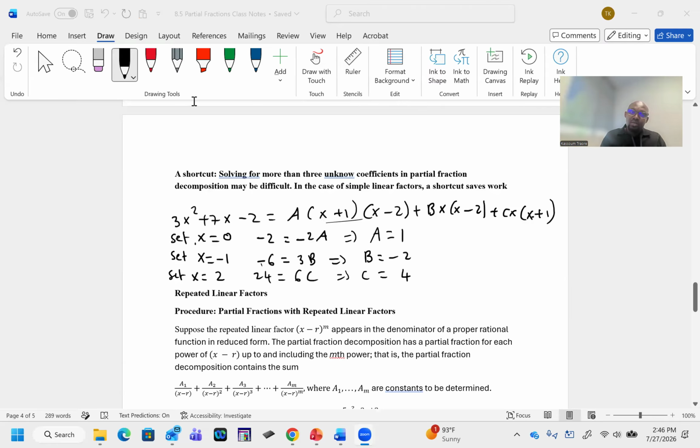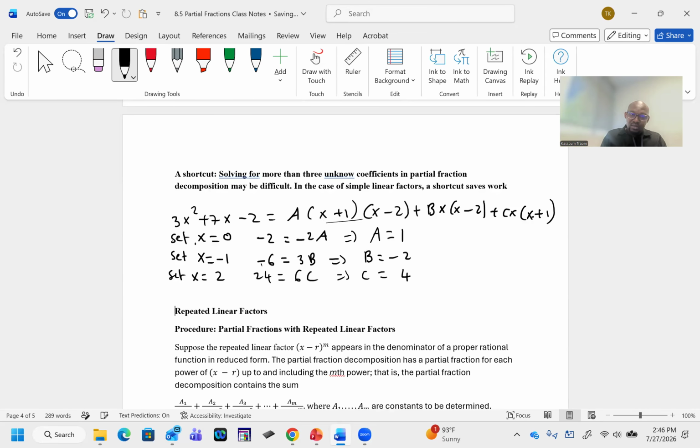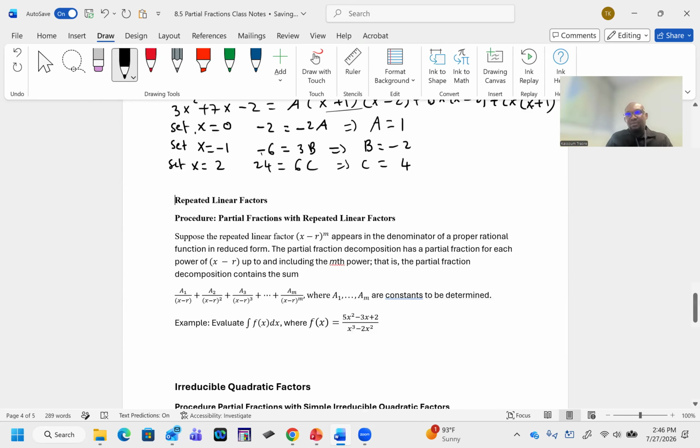Okay, so now let's move to the next one, which is repeated linear factor. So the procedure, partial fraction with repeated linear factors. Suppose the repeated linear factor x minus r to the power of m appears in the denominator of a proper rational function in reduced form.